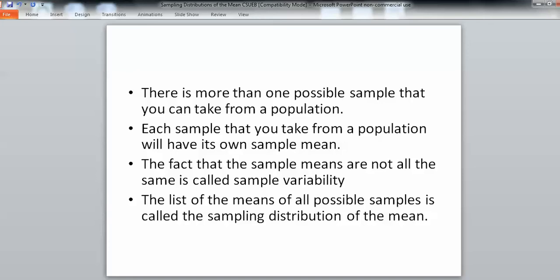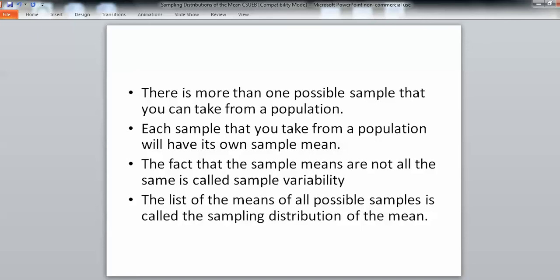And then after I recorded the ages of all 20,000 students, I take my list of ages and I sort that list out into all possible combinations of 50 students. And then I calculate the average age of each possible combination of 50 people. And then I just write out a list of the average age of all possible combinations.